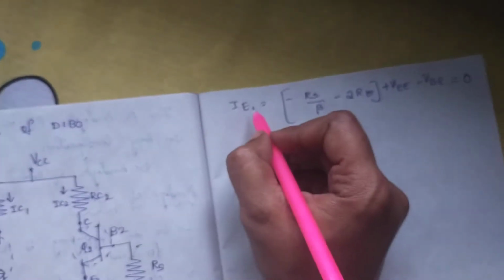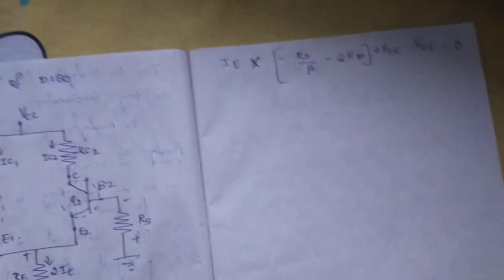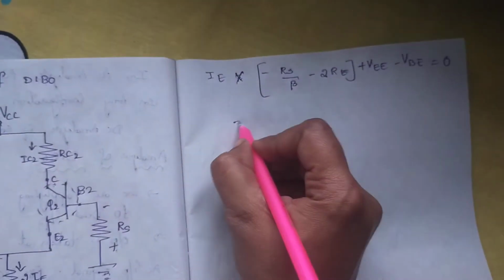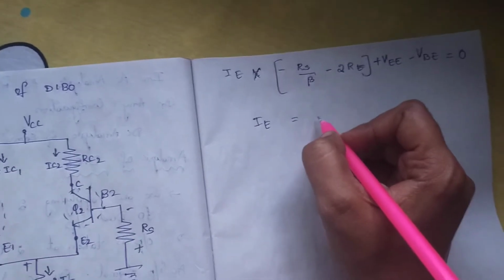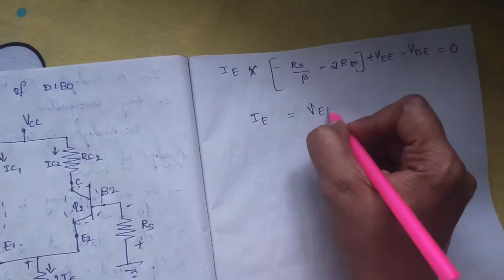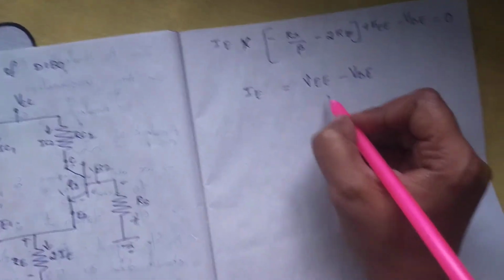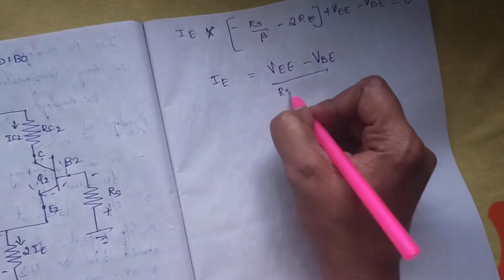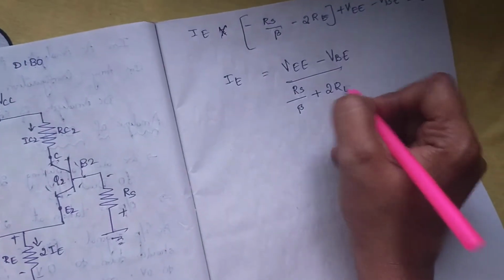Sorry, this is not equals to, this is into: IE into minus RS by beta minus 2RE, plus VEE minus VBE equals 0. Therefore IE equals VEE minus VBE divided by RS by beta plus 2RE.